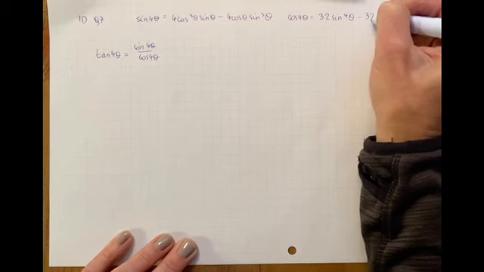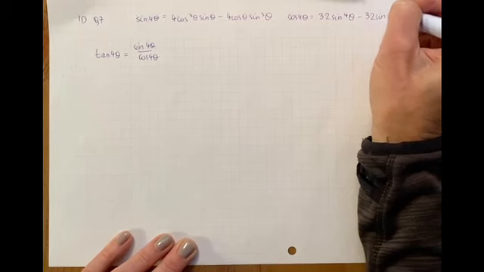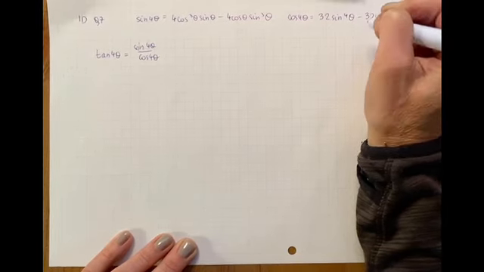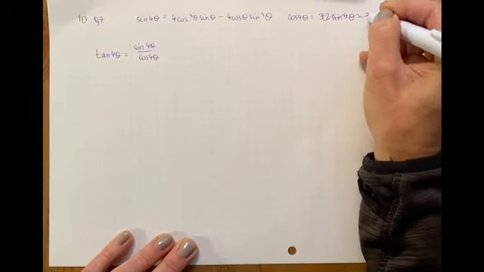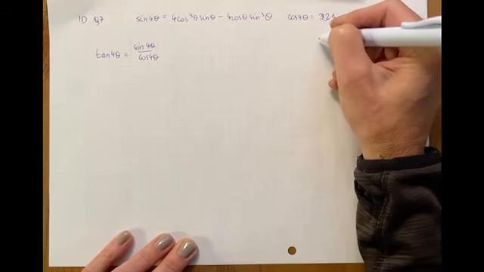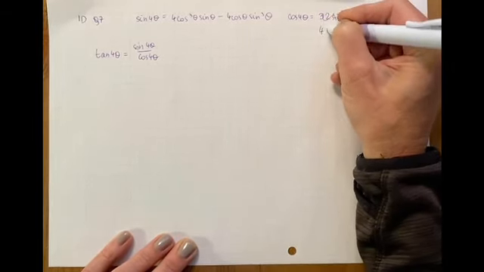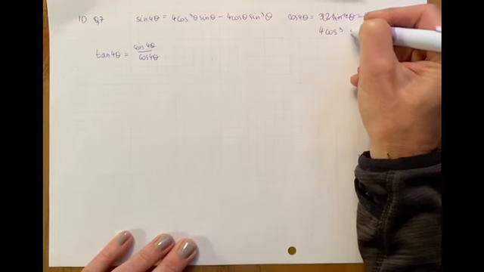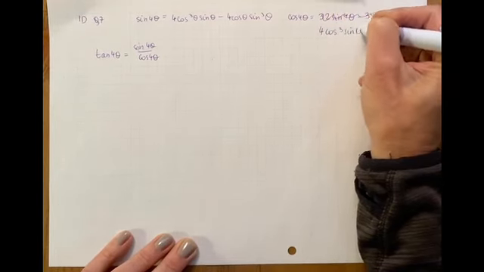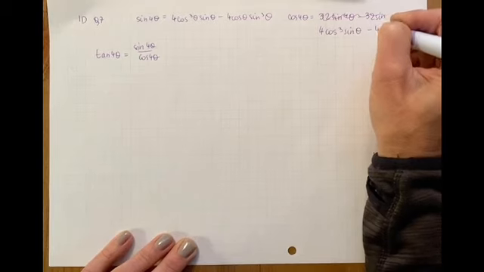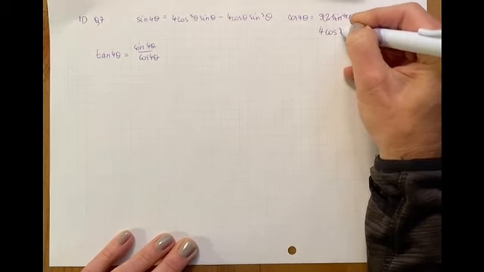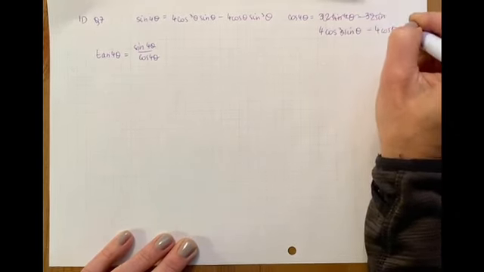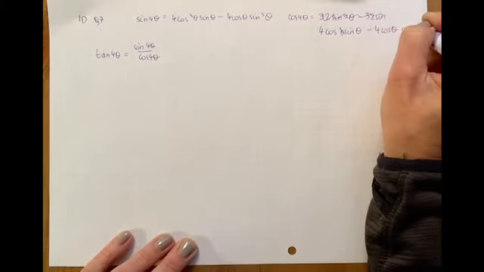Minus 32 sine to the power of... No, that's the wrong one. I do apologize, I was copying it from a different one. There you go. It's 4 cos cubed theta sine theta minus 4 cos theta sine cubed theta.